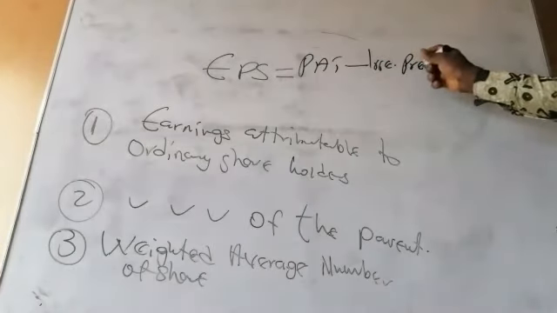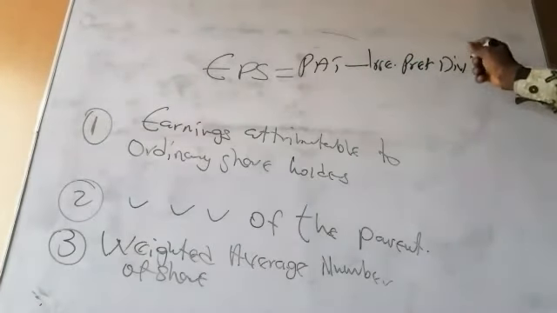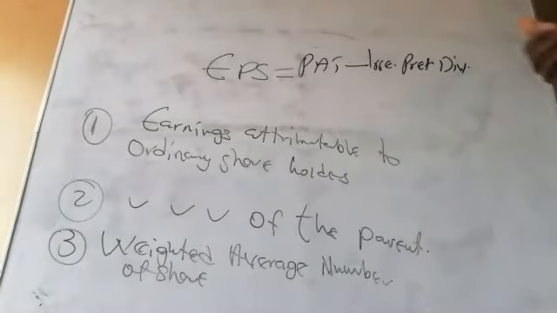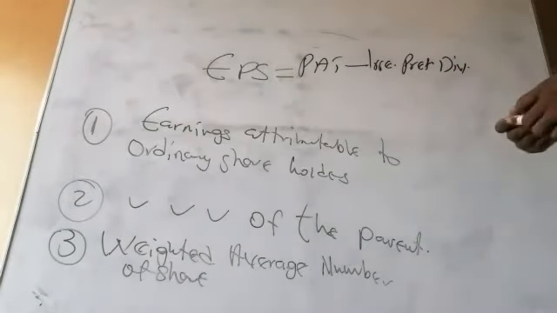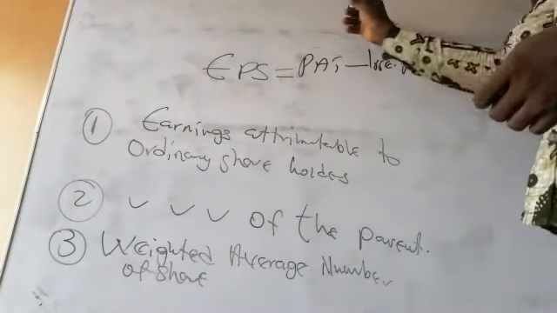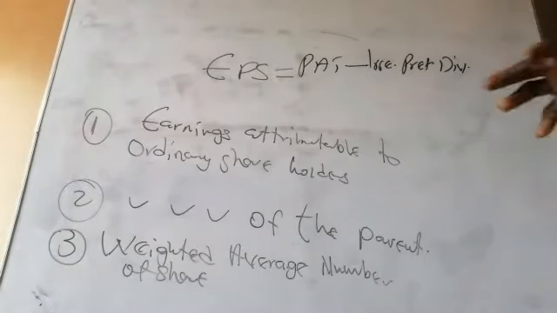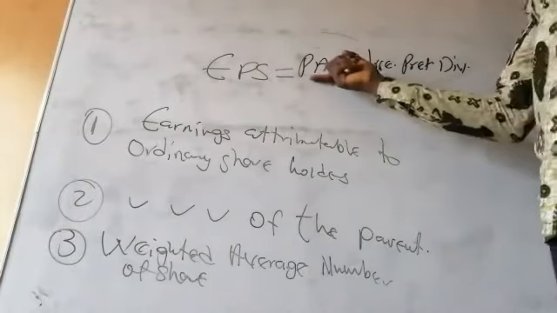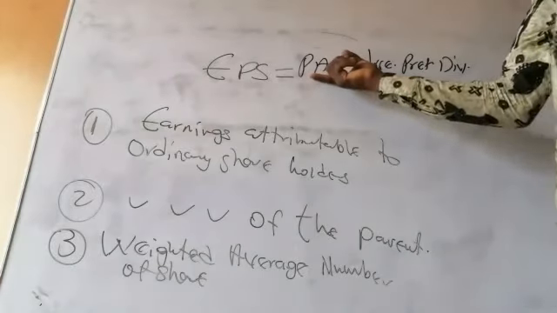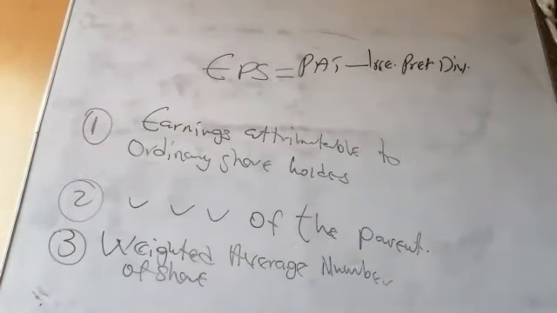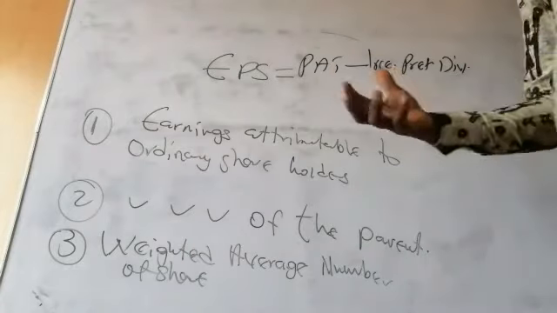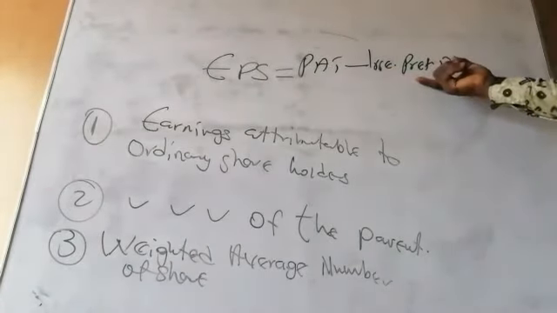Why irredeemable preference dividend? Because the redeemable preference dividend will be classified as finance cost, which has been subtracted before arriving at profit after tax. So the preference dividend which is yet to be subtracted is the irredeemable preference dividend.